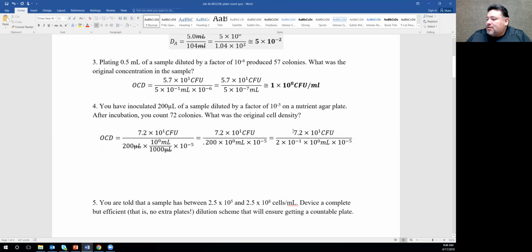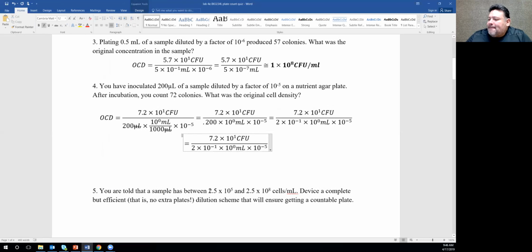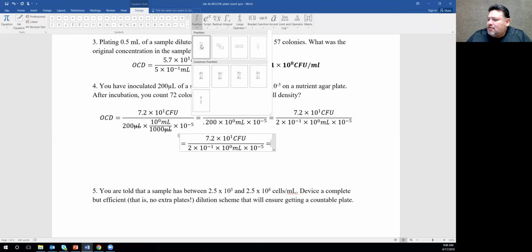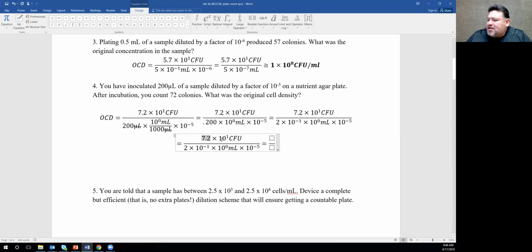All right. So I'm going to grab this guy again and copy it down here. And I'm going over extra steps to make sure that nobody gets confused on what we're doing here. Okay. So now we're going to have equals our quotient. In the top, nothing changes yet because everything that's happening is happening on the bottom. So we're going to leave the top the same. But on the bottom, we have a 2, and then we're going to multiply that by all the exponents.